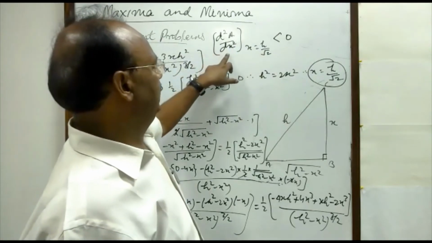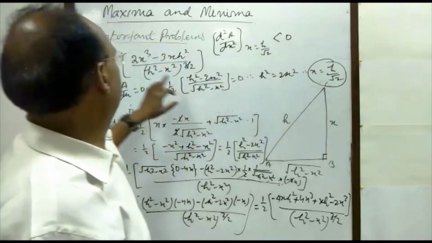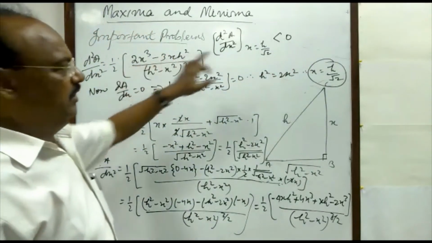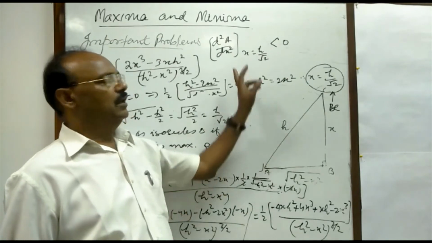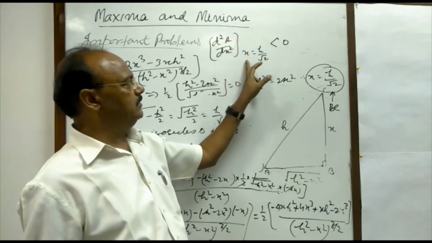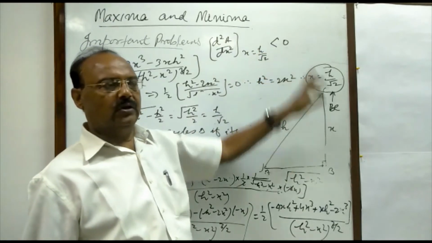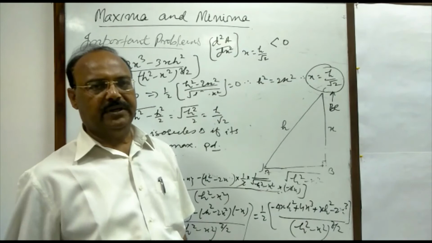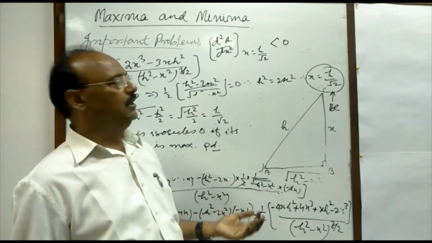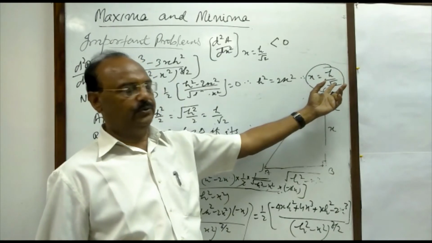We will get a value of d2A by dx square which will be smaller than 0, a negative number. So the second order derivative d2A upon dx square at x equal to h by root 2 is less than 0. On the basis of the second derivative test, this function has a maximum value at x equal to h by root 2.